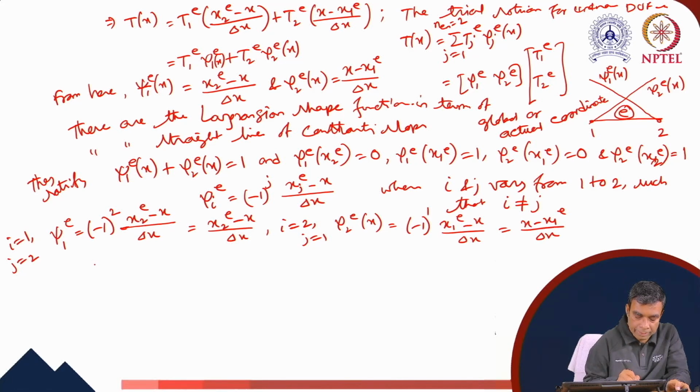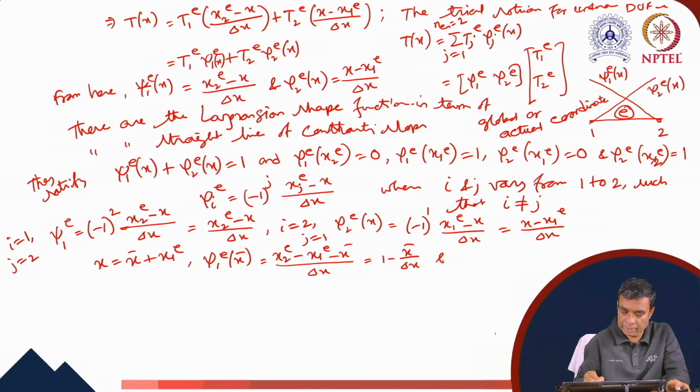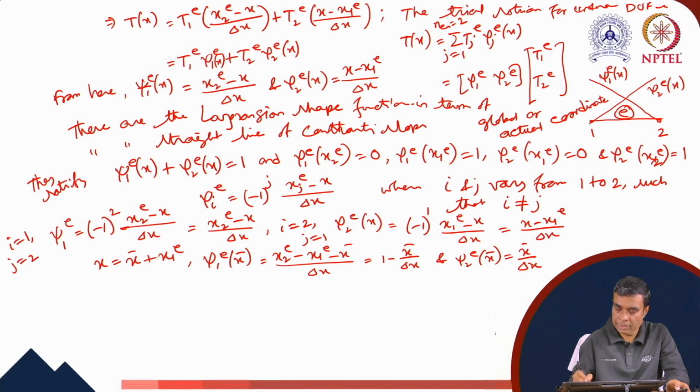Now by substituting x equals x bar plus x1e, we get psi 1e(x bar) equals (x2e minus x1e minus x bar) by delta x, which is 1 minus x bar by delta x, and psi 2e(x bar), similarly it can be shown, comes as x bar by delta x.